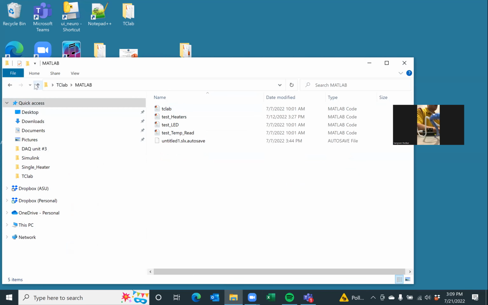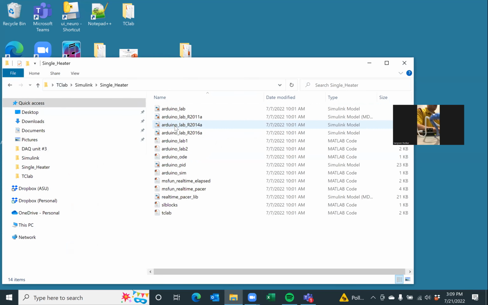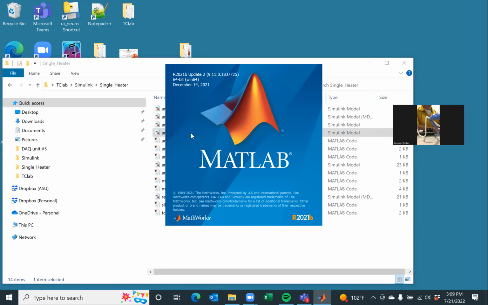There is MATLAB, there is Simulink, there's the single heater. What I want you to do is, in this single heater, look at Arduino Lab 2016A. Please open Arduino Lab 2016A, or you can just open Arduino Lab. Open this.